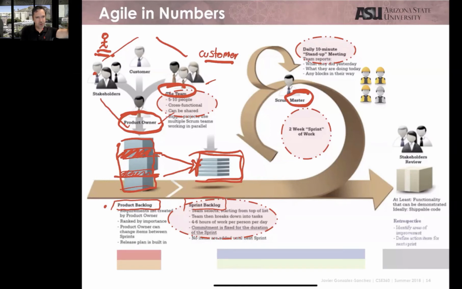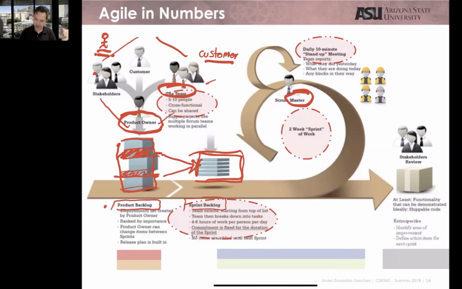And then I am going to select what I am going to do the next 2 weeks, and I am going to put those in a sprint backlog. We're going to use fancy software, but you can think like I have an Excel spreadsheet with all the requirements, and then I select some of these, and I put the ones that I select in another spreadsheet. That is oversimplifying things, but it is what I am going to do from the project the next 2 weeks.